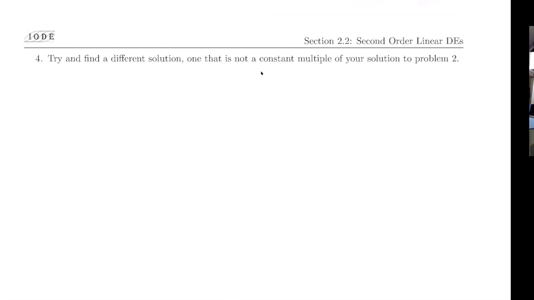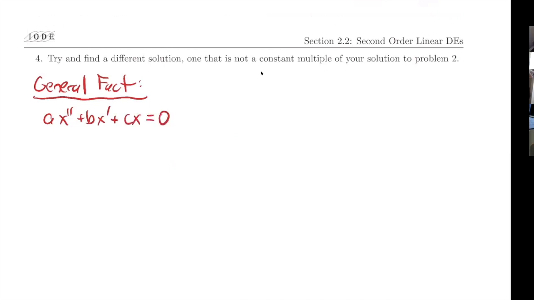So just to summarize this general fact: if we're working with a differential equation that looks like this, and it's really important that we have a 0 on the right side. If we don't have that 0, this is not necessarily going to be the case.